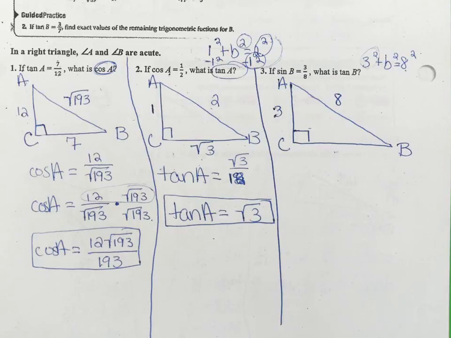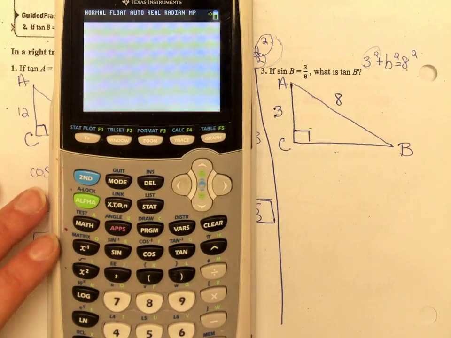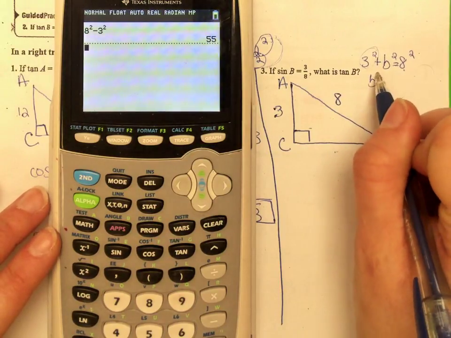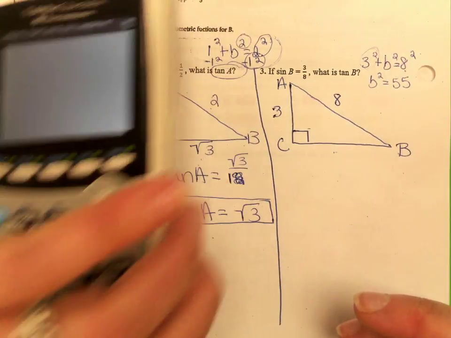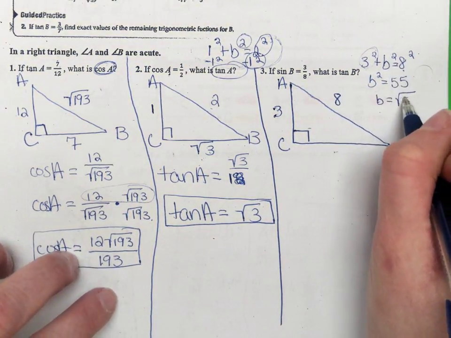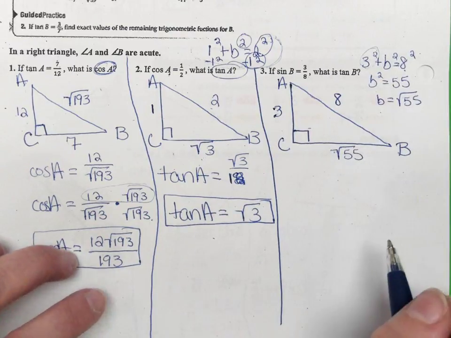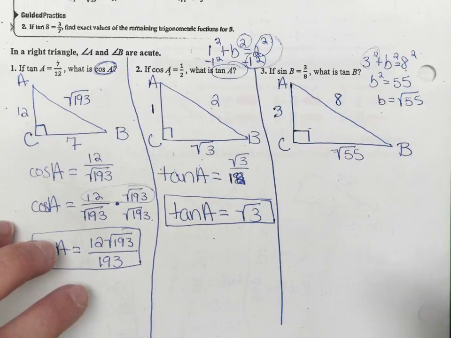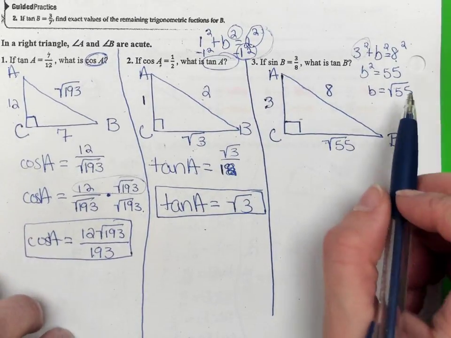So in your calculator, you're going to do 8 squared, subtract 3 squared. So that would be b squared equals 55. Now how do I get rid of that square? You square root. So this is square root of 55. Y'all okay with that? Like, say there was a perfect square that goes in there, would you have to figure that out? Yes, but there's not one on these.